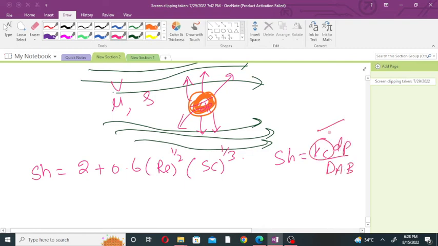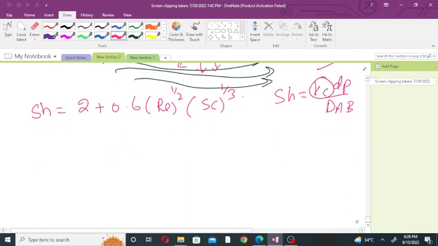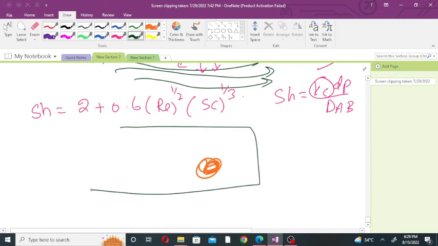From this you will get the mass transfer coefficient. Now suppose this catalyst particle is present in a large stagnant fluid.